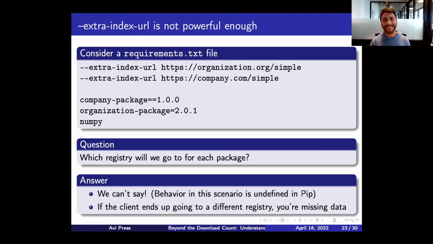This behavior is undefined in pip. They do not want us to assume where something is going to go just because we've supplied an extra index URL. If the client ends up going to the wrong registry, you're going to be missing data, because ultimately the client can just go to PyPI for your package unless you're not publishing to PyPI at all.